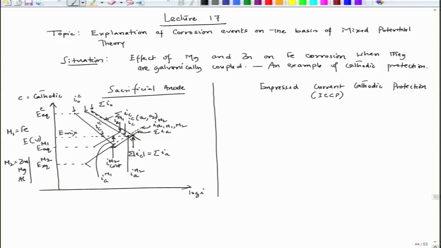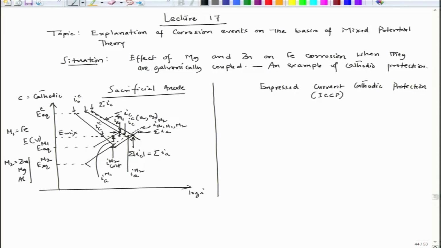Similarly, there I could see the corrosion potential, if I consider for iron, this is the corrosion potential of iron when it is not connected to zinc, or the corrosion potential of M1. In that case my corrosion potential of iron has gone to this particular difference.